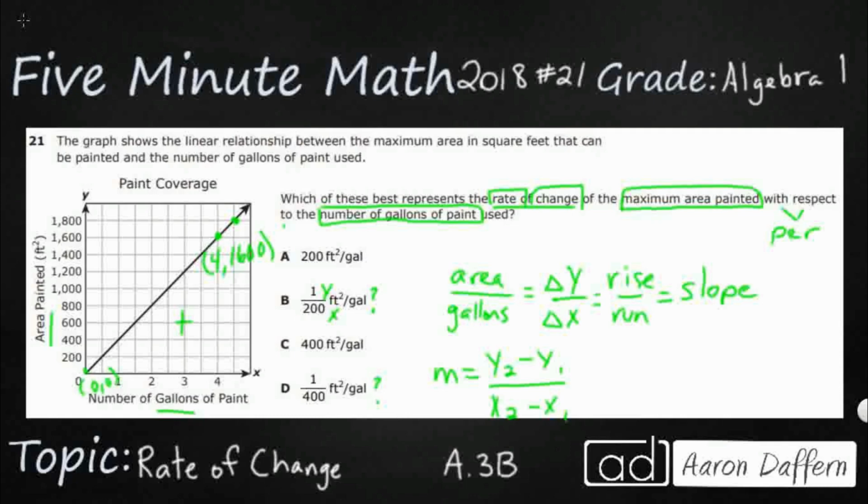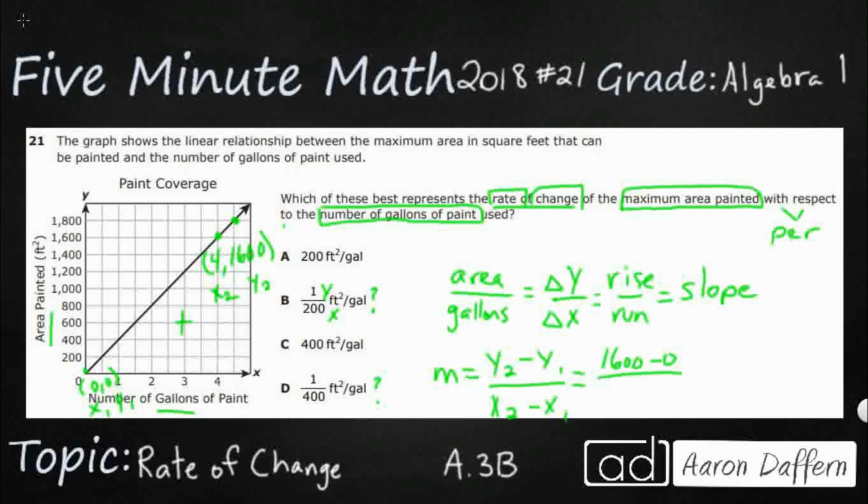That's super easy because it looks like we're starting right there. So let's label these as x sub 1 and y sub 1, x sub 2 and y sub 2. So always label them to put them in the right spots here. So my y sub 2 is going to be 1600 minus 0, y sub 1. That's why I chose the origin.